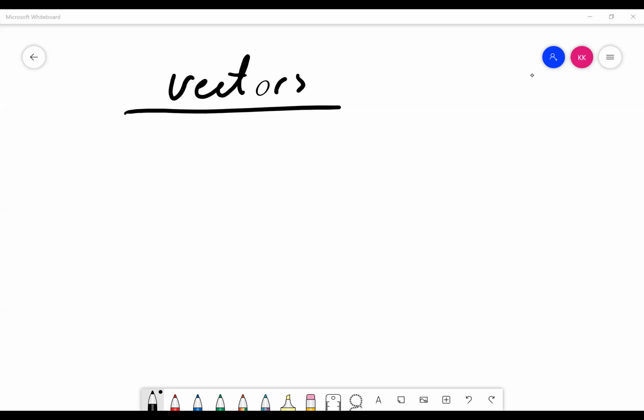All right, so I want to show you how to draw vectors. One of the things to understand is that whenever you are measuring or presenting something, you usually need some kind of coordinate system. So let's say we have a coordinate system.